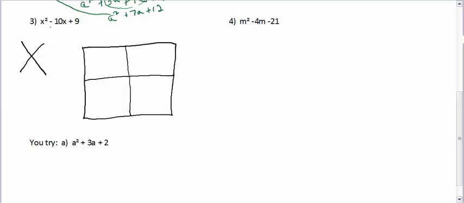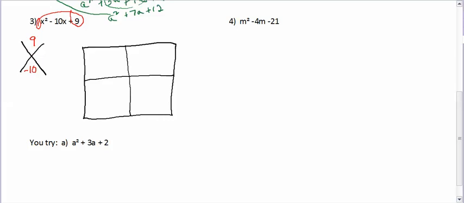Now two numbers that multiply together to give you, and we do the first times the last. That's how we get that number, first times the last, which is positive 9. They multiply together to give me 9, but when they're added together, it gives me a negative 10.